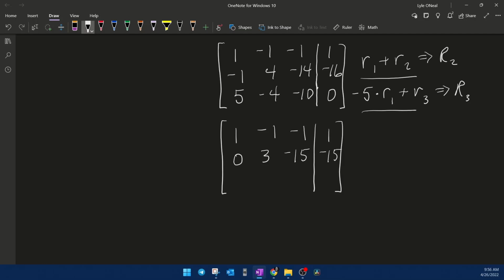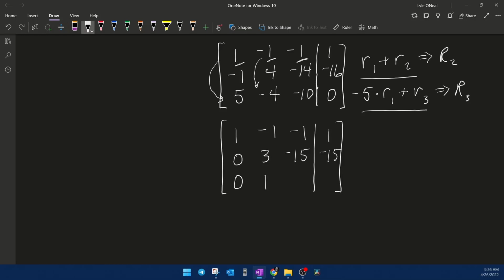Next row operation, we need to multiply row 1 by negative 5, adding to the corresponding element in row 3. Negative 5 times 1 is negative 5, plus 5 is 0. Next, negative 5 times negative 1 is 5. 5 minus 4 is 1.